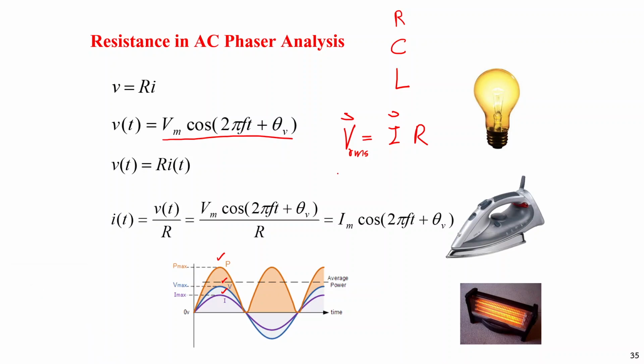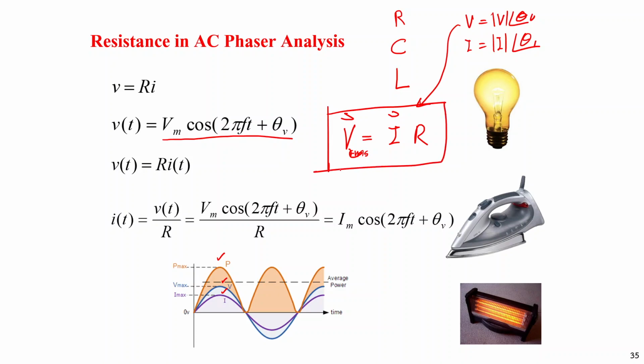It means that we have V in phasor form, and I also in phasor form, magnitude and angle, right? So we can just use a simple calculation when we supply voltage to the resistor.